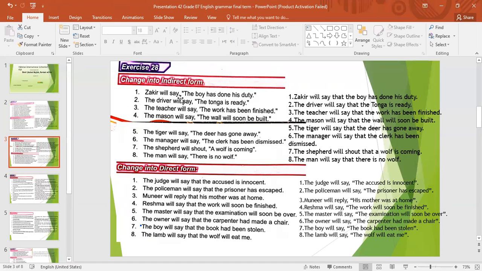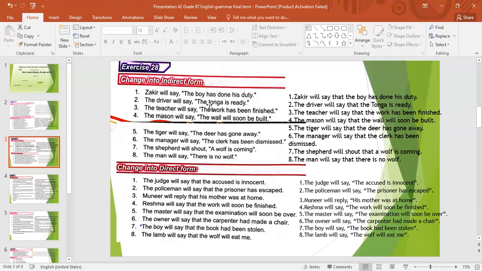Zakir will say, "The boy has done his duty." This is direct speech, dear students. Now we are going to change it into indirect: Zakir will say that the boy has done his duty. The driver will say, "The tanga is ready."